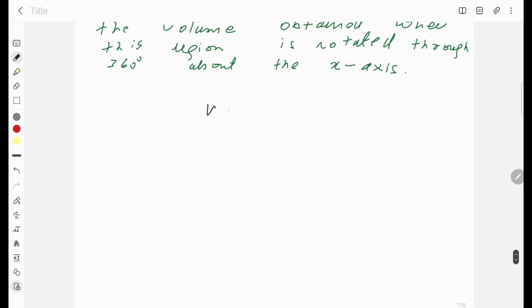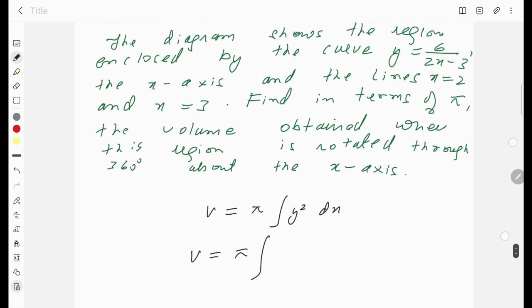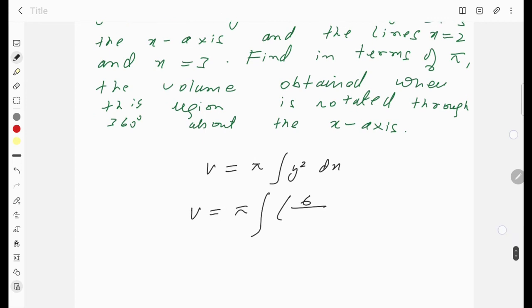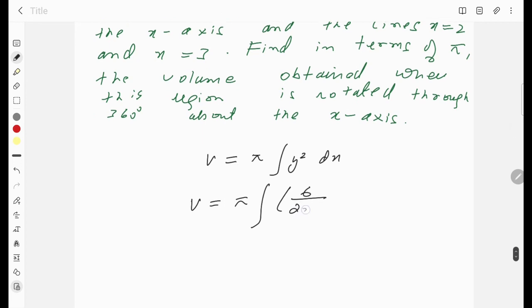So first of all, you have to note the formula for x-axis. This is for volume, pi integral of six over 2x minus 3 whole square dx.